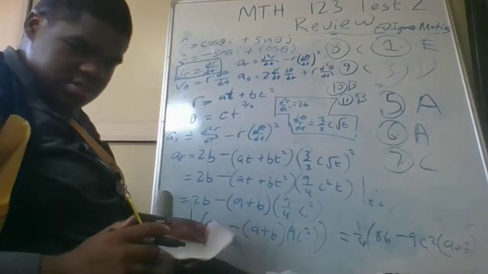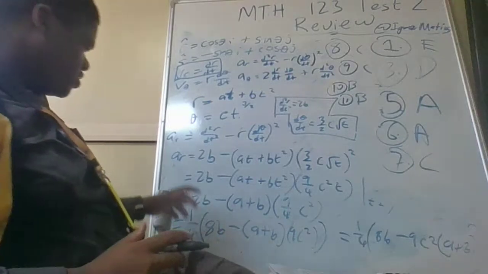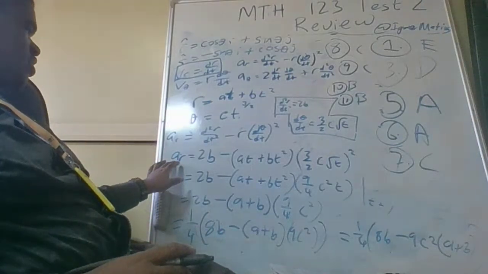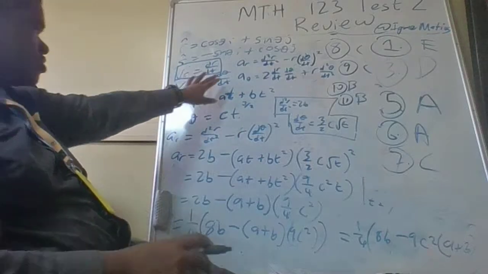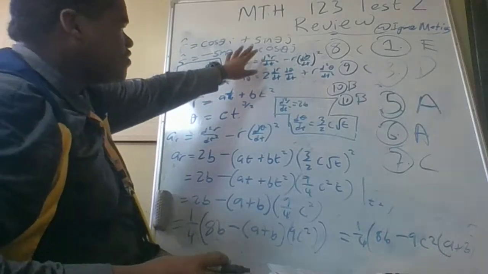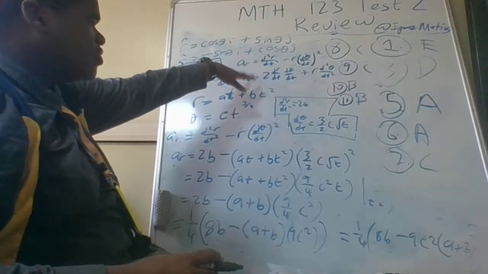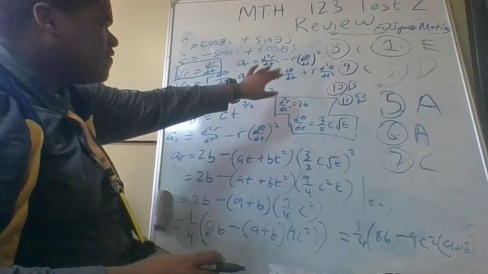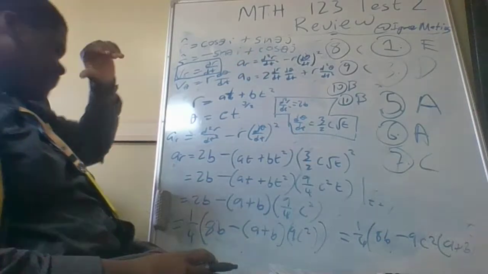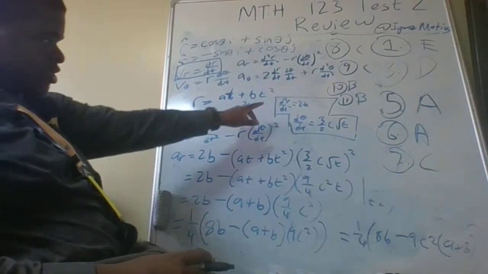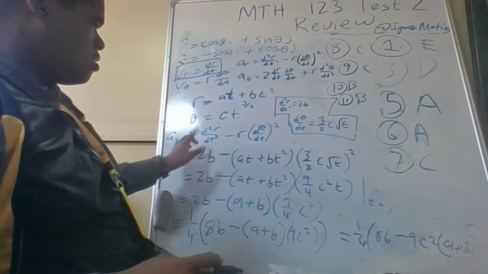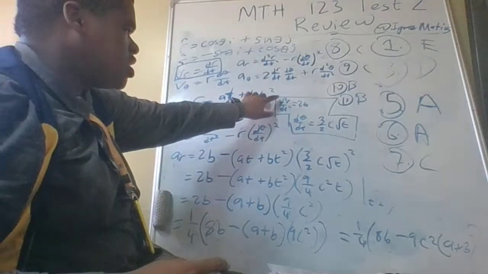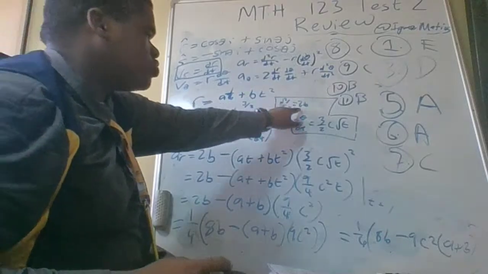So I will let that be seen. You have a radial component of acceleration. Our radial component of acceleration is the second derivative of our radius with respect to time minus our radius times the first derivative of theta with respect to time all squared. We got them individually. The second derivative of r with respect to time was equal to 2b.